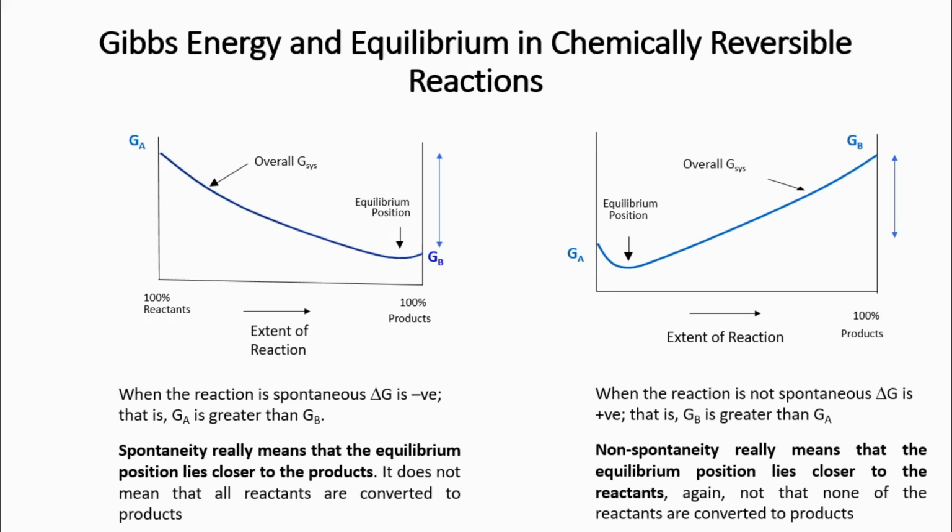The argument concerning the position of the equilibrium and its relationship with G can be illustrated by the following diagrams, where you have the free energy of A decreasing as it goes down to give you the product B. So the free energy of B is lower than that of A, and then you have the equilibrium position closest to B. Now, if you take G of B minus G of A, which is therefore products minus reactants, you'll get a negative value because the free energy of the product is lower than that of the reactant.